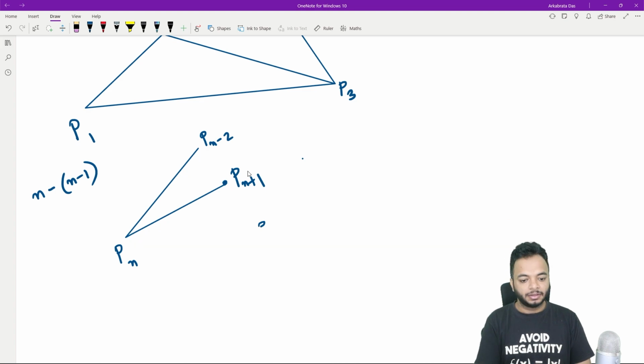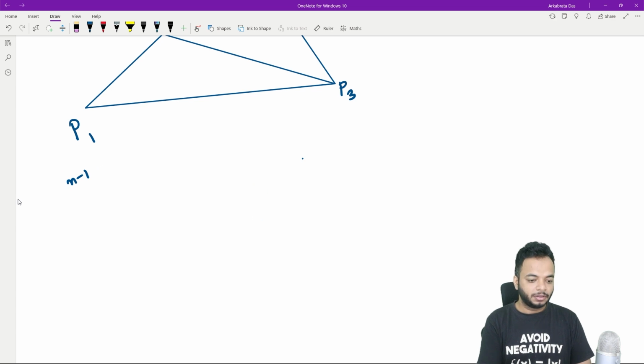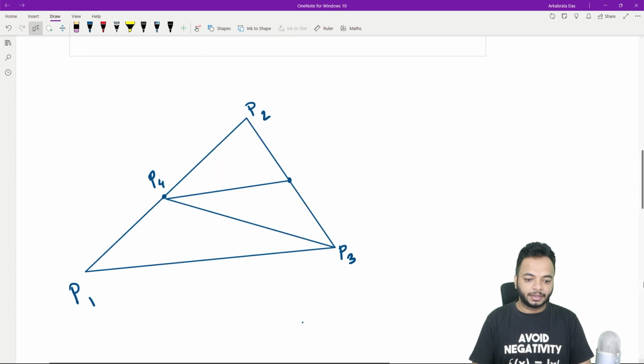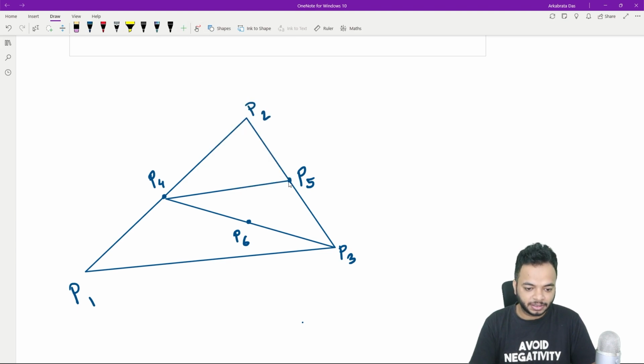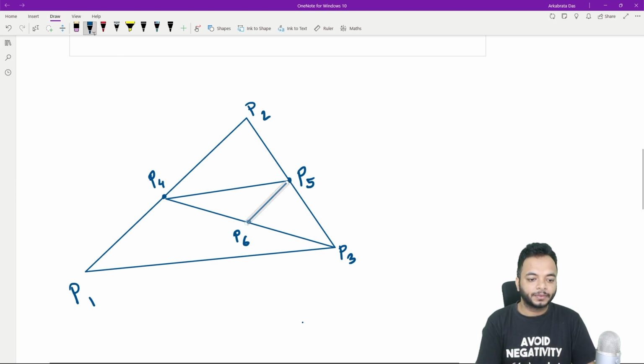Fine. Now let's take further. So this is P5. Now P6 will be the midpoint here, so almost around here, P6. Let's join P5 and P6. Then the next midpoint would be P7, which is almost here, P7.